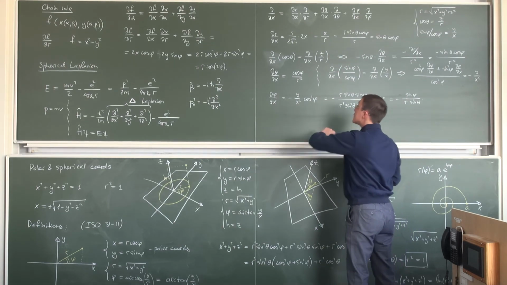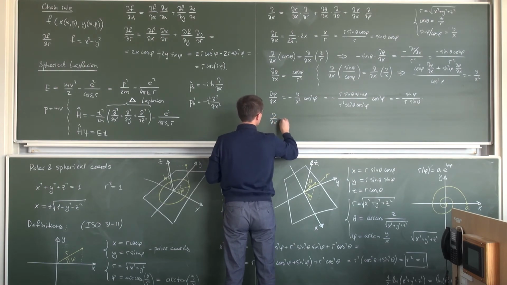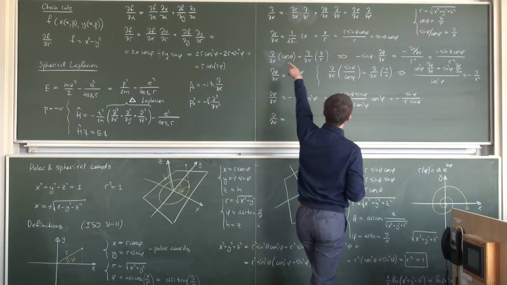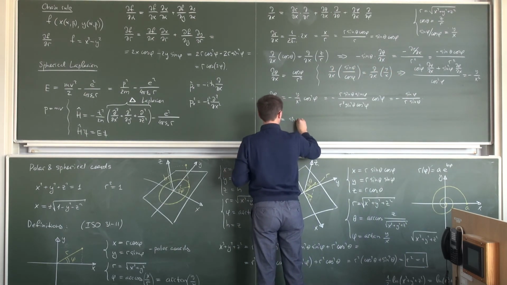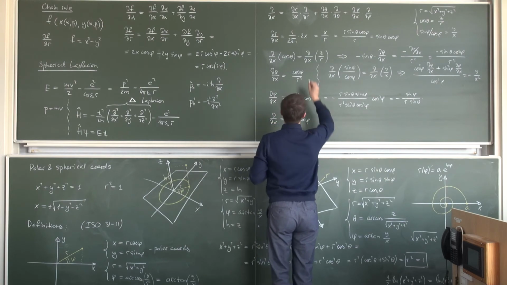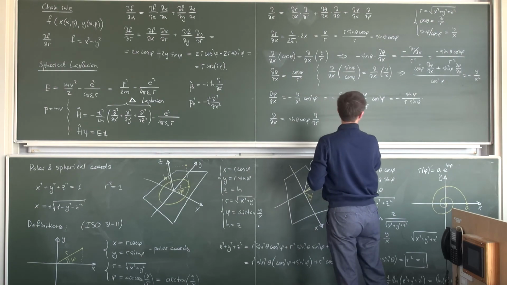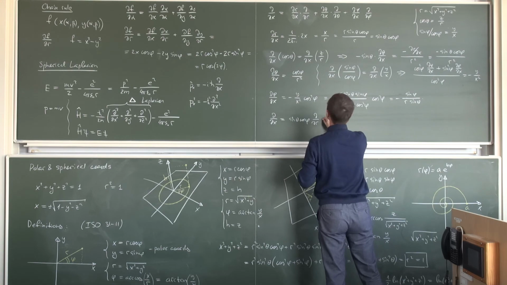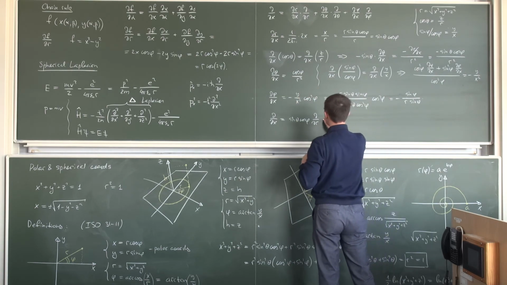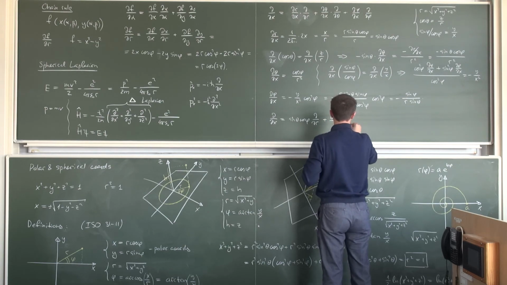So let us write that out explicitly. d by dx is now going to be dr by dx, so sine theta cos phi times d by dr, plus cosine phi over r squared d by d theta.